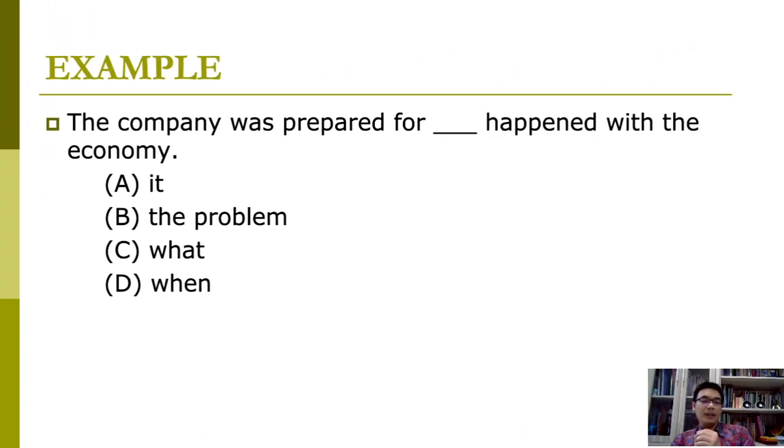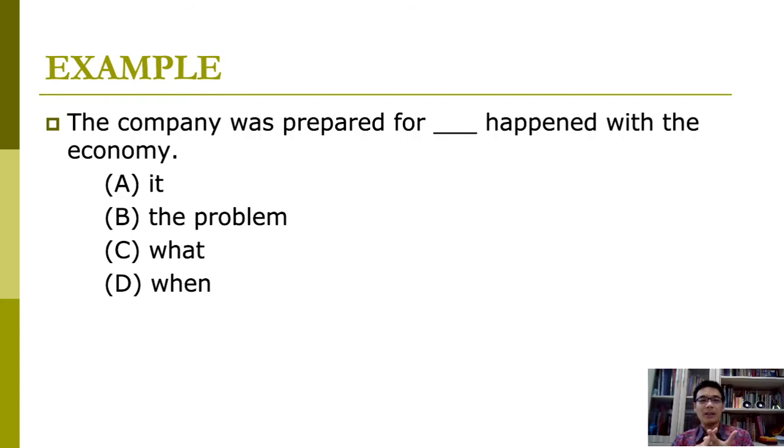Let's see the example. Let's try to analyze this sentence. The company was prepared for blah blah blah happened with the economy. Let's find out the subjects first. There is only one subject, the company. However, there are two verbs, was prepared and happened.